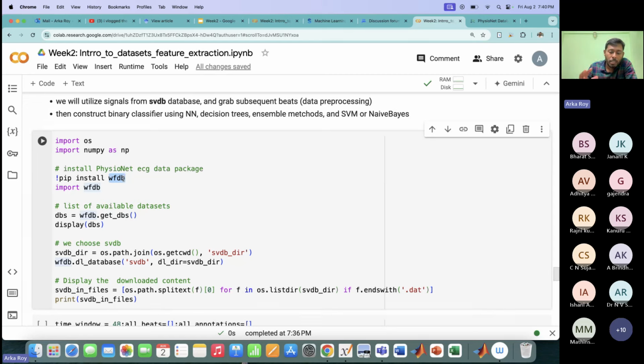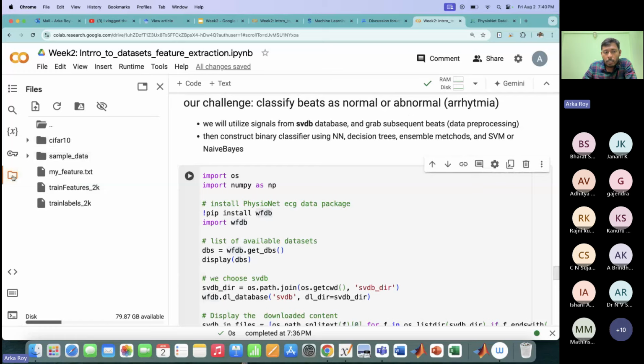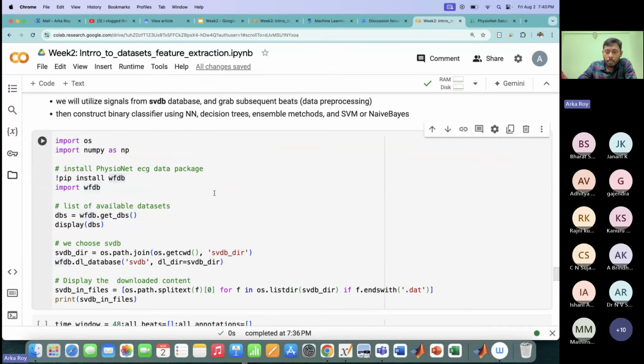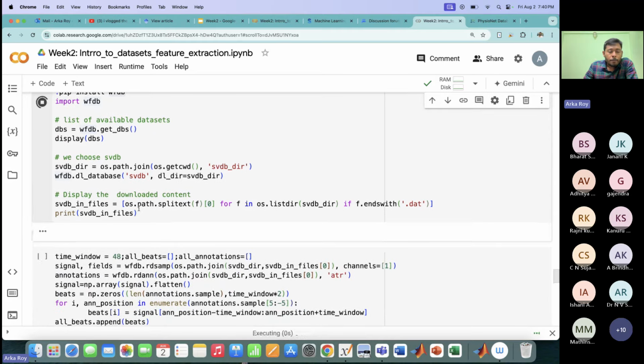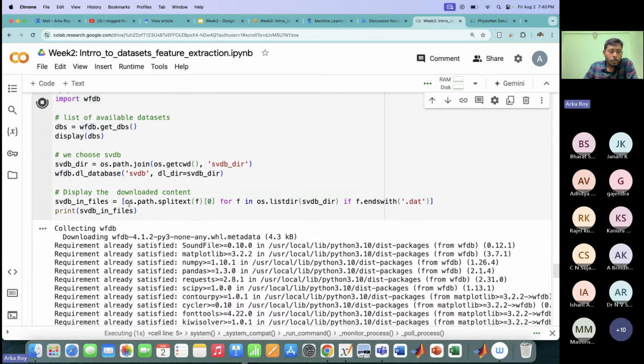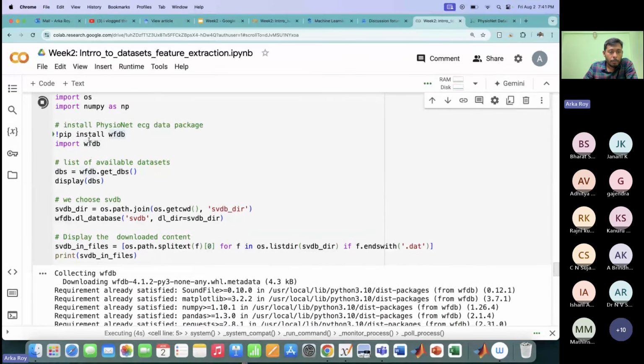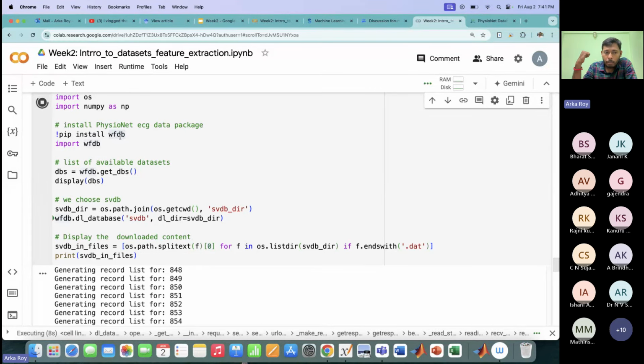So this is another application just to show how you can extract data from a website itself. It is not there in the drive, or in the content folder. It is there on some other website. How to fetch the data from the website? So if you just run the pip install, you are installing that particular library first, and then you are importing that library.